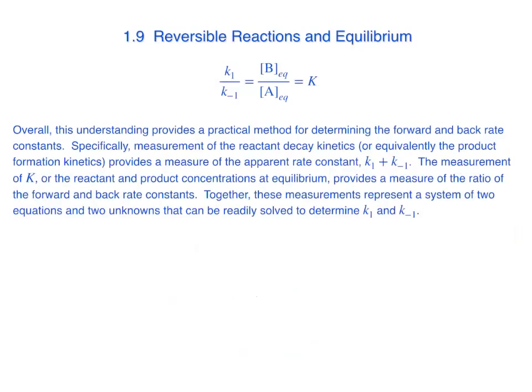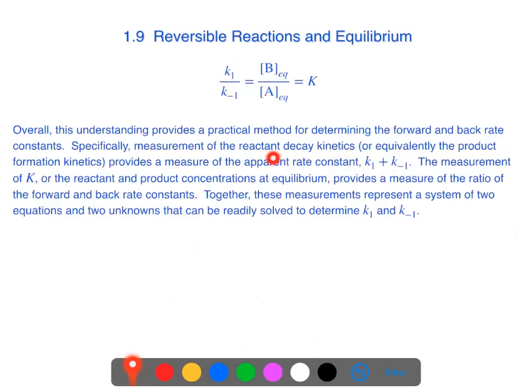Specifically, measurement of the reactant decay kinetics or the product formation kinetics provides a measure of the apparent rate constant, k1 plus k minus 1. And we'll see in an upcoming video, we'll be looking at perturbation relaxation methods that allow us to determine just that.